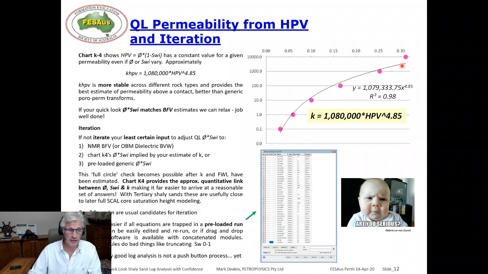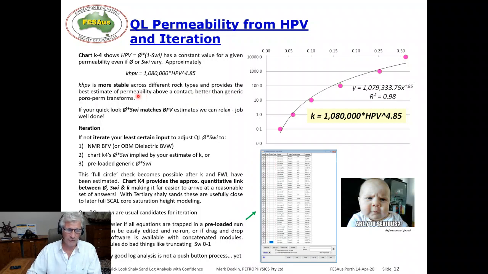And I, being a petrophysicist, have fitted an equation to it, which is that equation, roughly 1,080,000 times hydrocarbon pore volume in decimals, raised to the power 4.85, will give you an approximation, and it's only an approximation, for permeability, right? Useful? I think so. KHPV is more stable across different rock types and provides the best estimate of permeability above a contact, better than generic poroperm transforms.